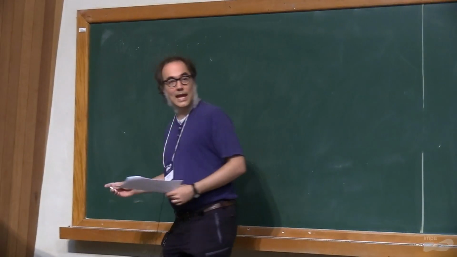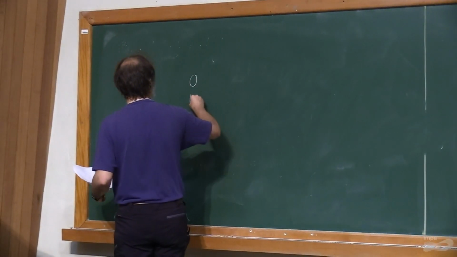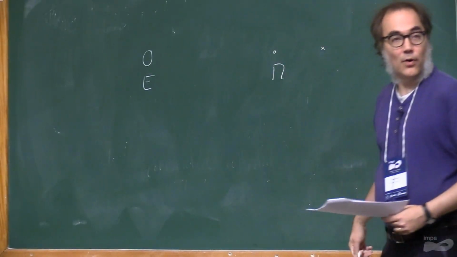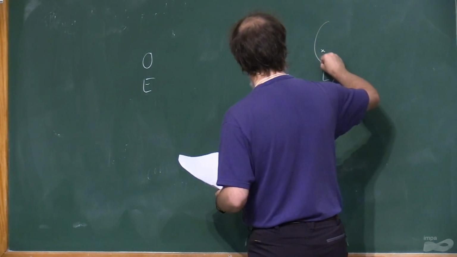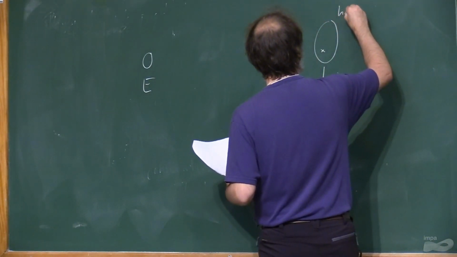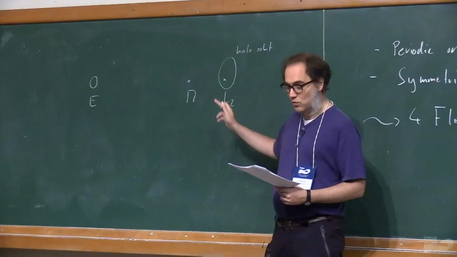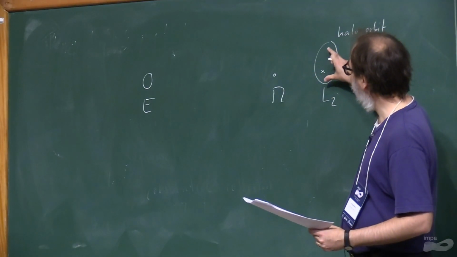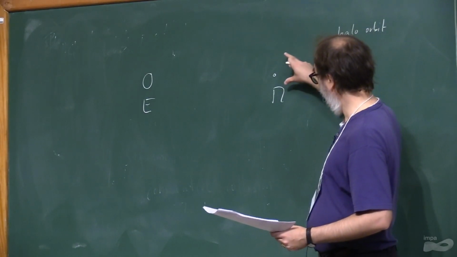What they do with these halo orbits is the following. We have here the Earth, here the Moon, and then the Lagrange point L2, and around this L2 we have in 3D such a halo orbit. This is not yet around the Moon, but this halo orbit also gives you a family. You can follow this family, and this family has the property, as was discovered, that it also moves to the Moon.